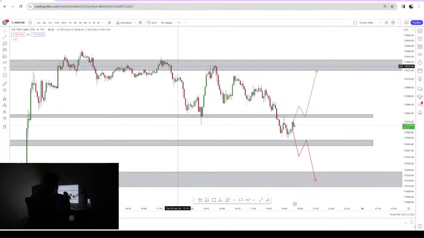So if this double bottom works out, after a proper retest candle, we can take an entry for a buy side, and if it fails, we'll look for a bearish trade.